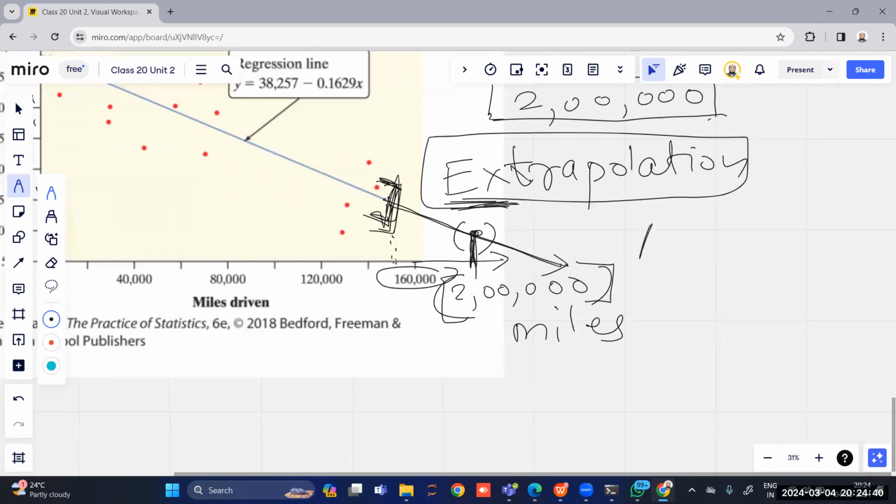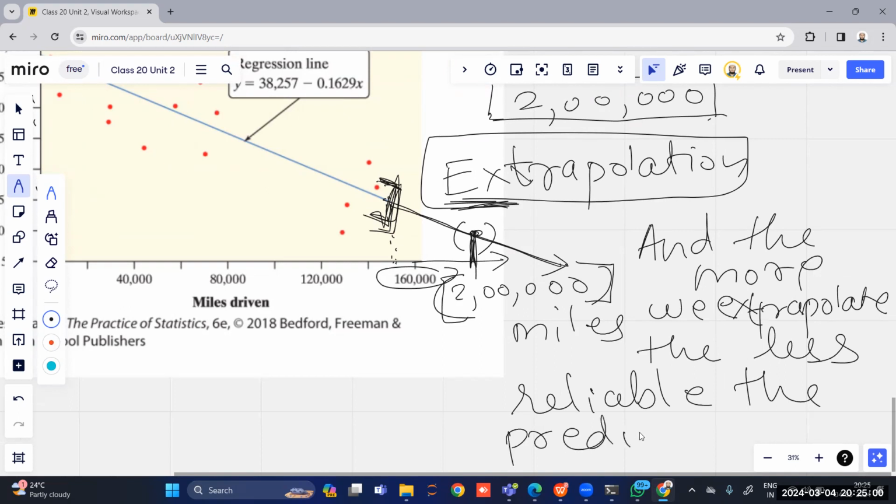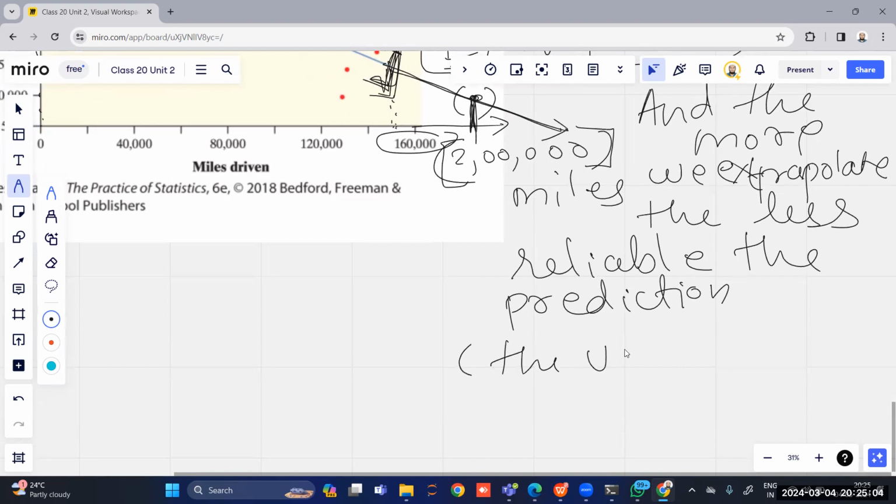Yeah, I got that. And the more we extrapolate, the less reliable the prediction is, where prediction means the value of the response variable.